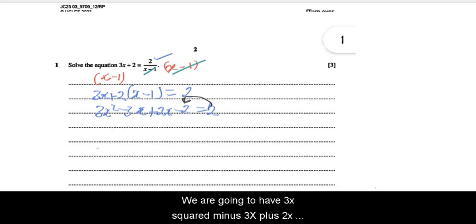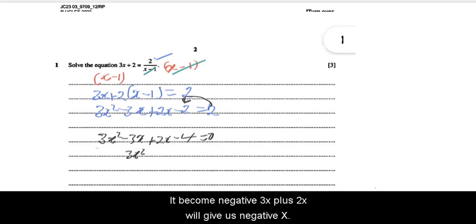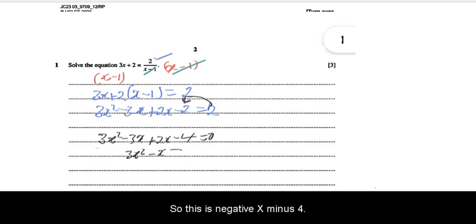We are going to have 3x squared minus 3x plus 2x minus 4, which is equal to 0. We have negative 3x plus 2x, which gives us negative x. So this is 3x squared minus x minus 4 equal to 0.